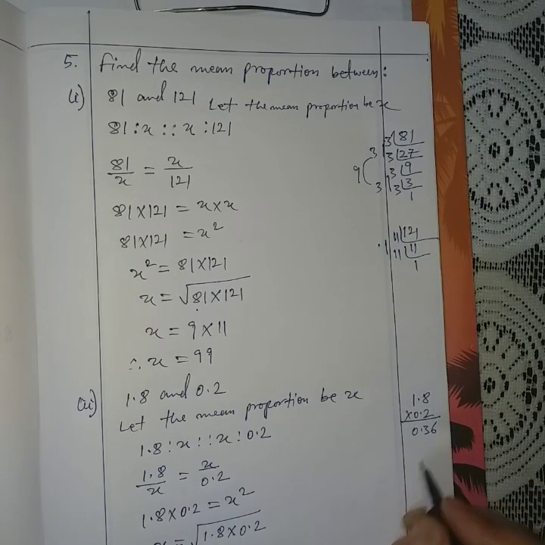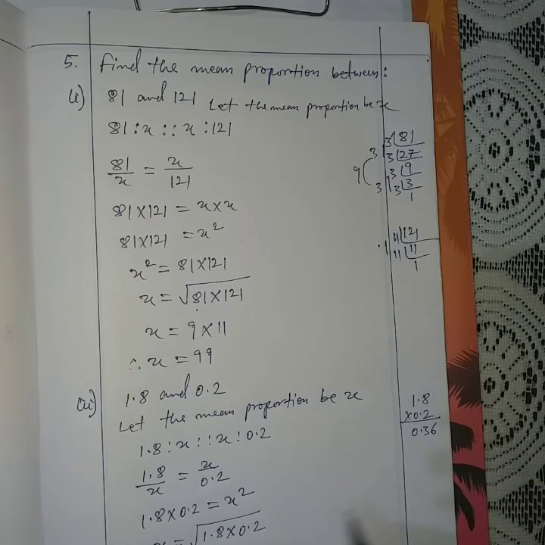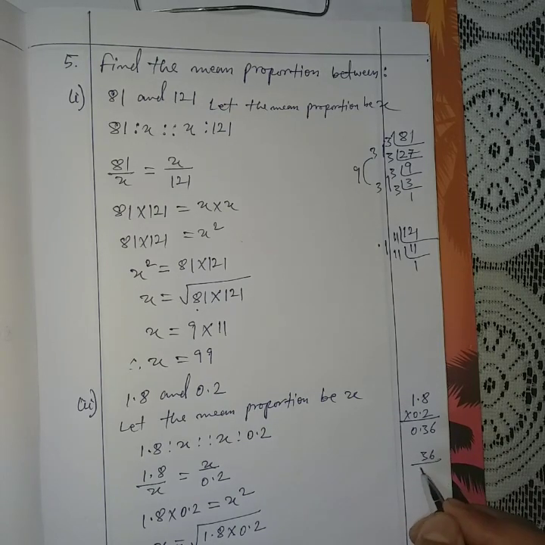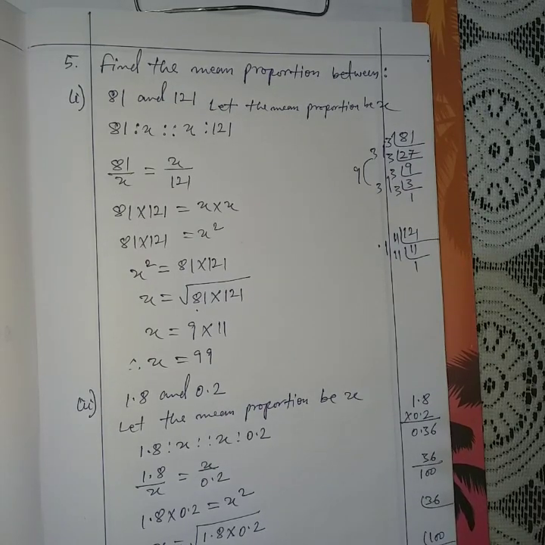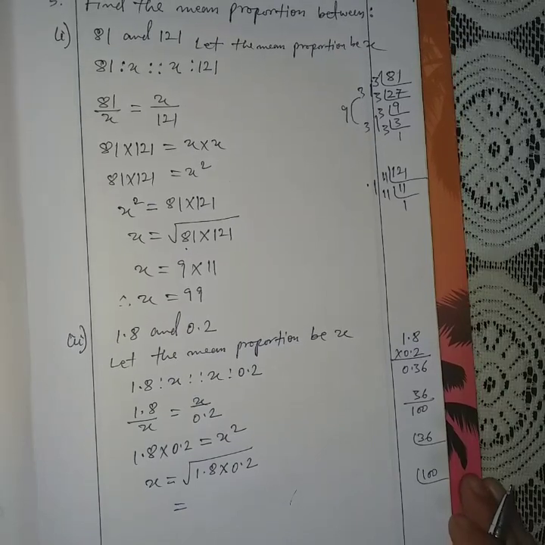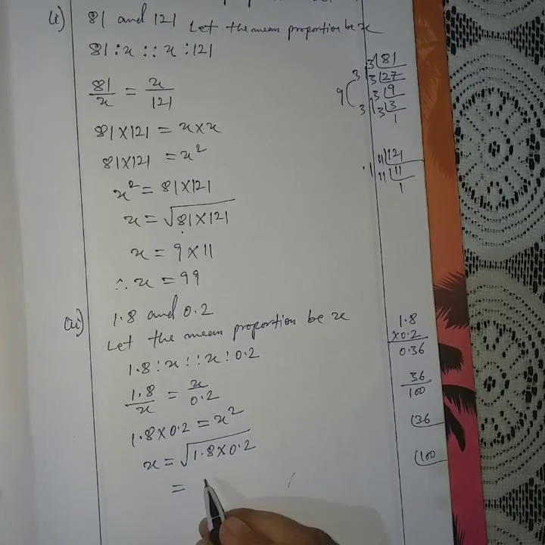Square root of 0.36, you can make it as 36 by 100. Square root of 36 you can find out, square root of 100 you can find out.